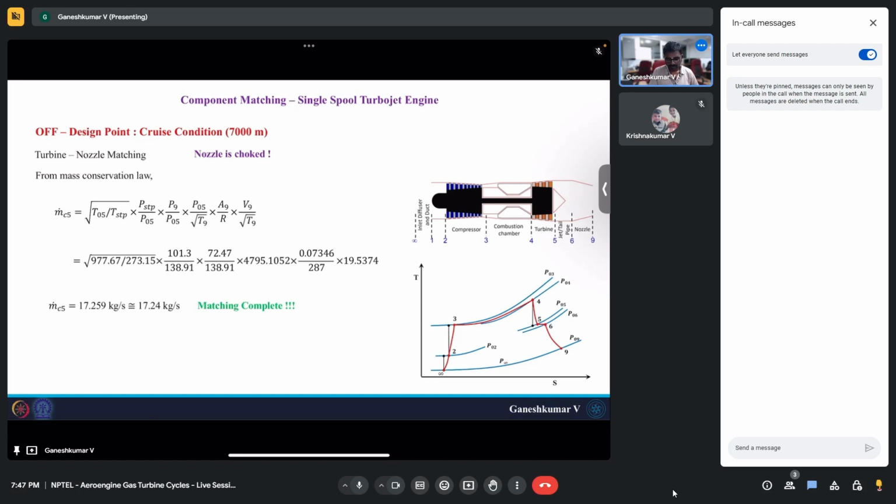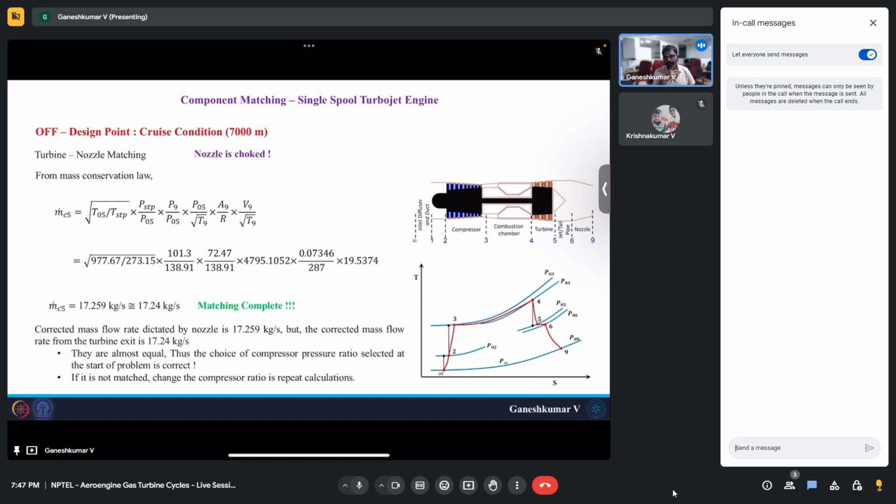Since I already know the value, I just took it as an initial guess so that I don't need to do those iterations. But you should understand the logic behind it. If you find m dot c5 from both the turbine and the nozzle, and you find it is not matching, then you have to change your pressure ratio and repeat the calculations again.